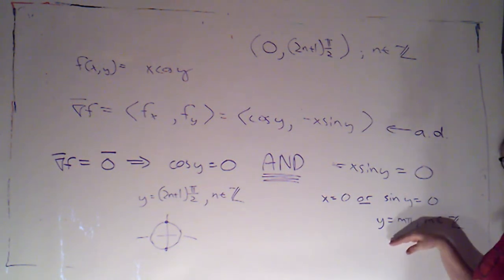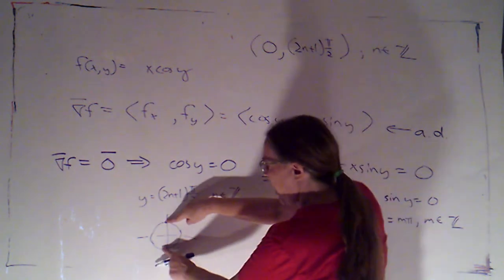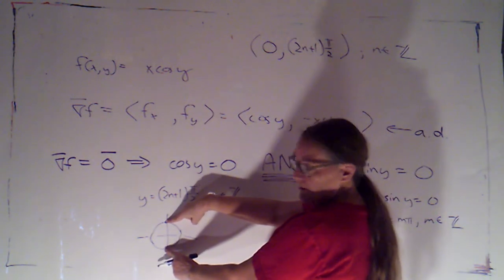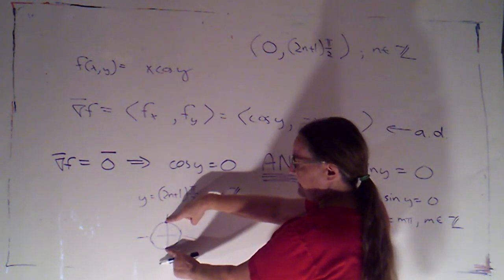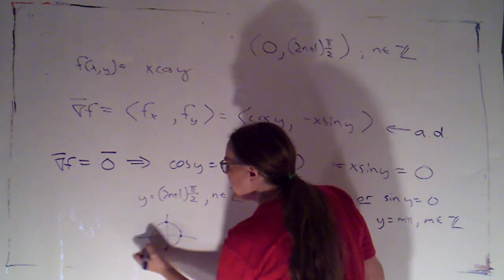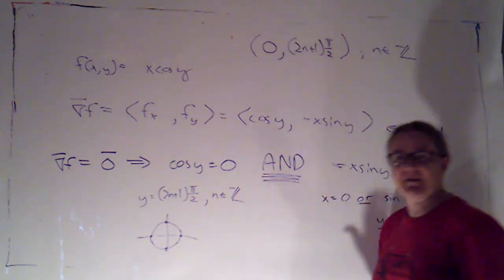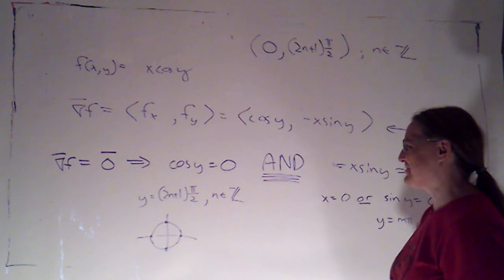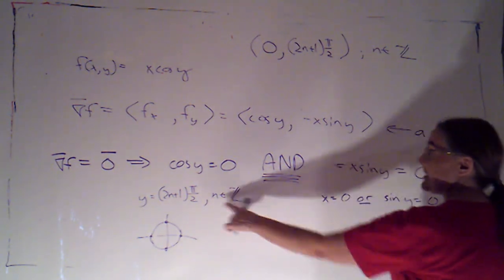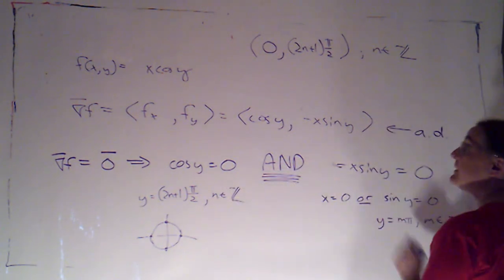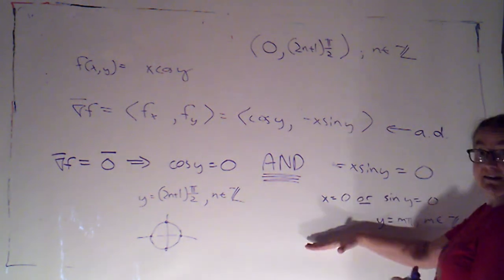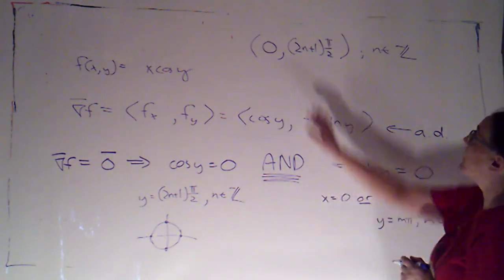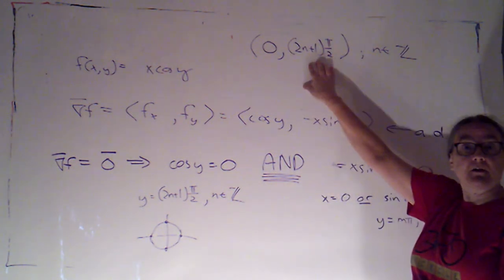But that's not possible, because if y is an odd multiple of pi over 2, which viewing it as an angle would have me landing here or here, then it can't also be a multiple of pi, which happens to be an even multiple of pi over 2. So this is incompatible with this, so the only possibilities are that I satisfy the second condition by x being 0, so that would be all of my critical points.